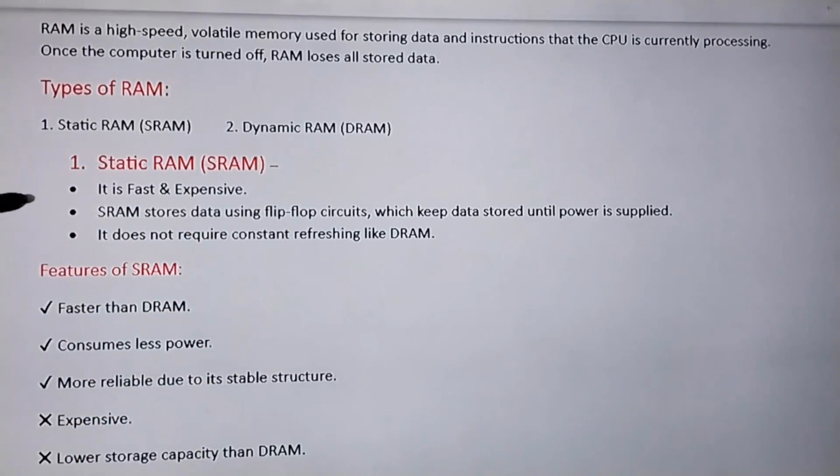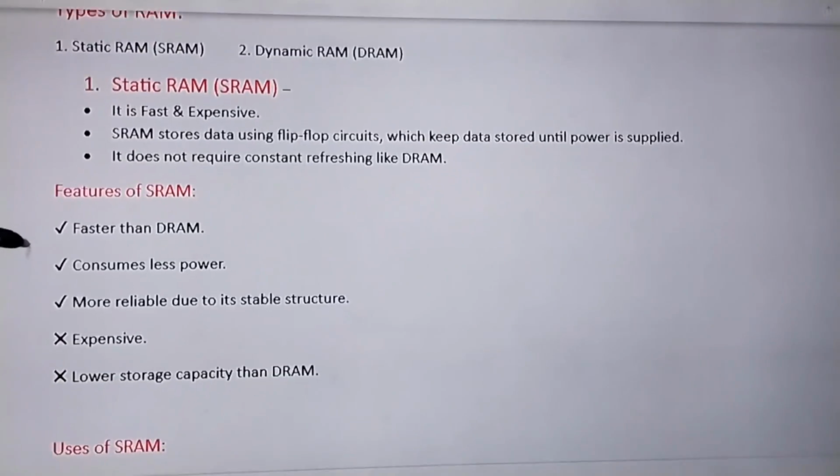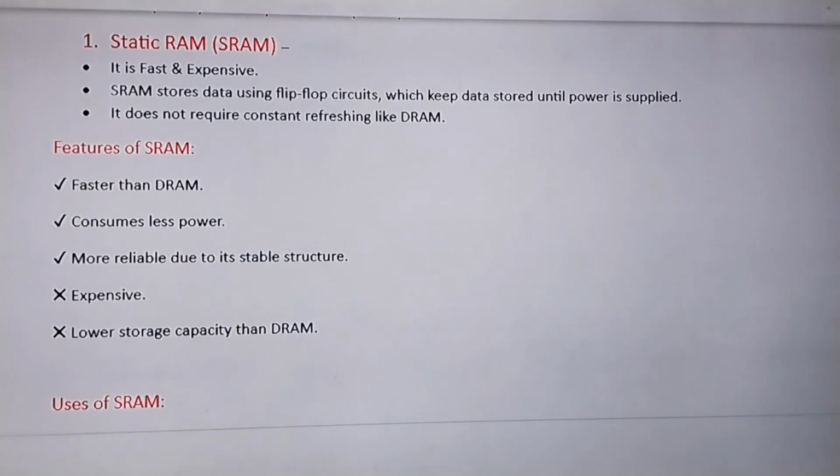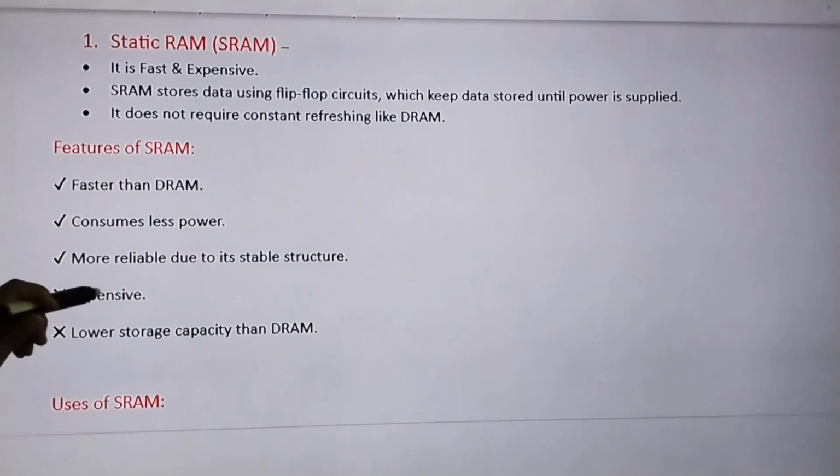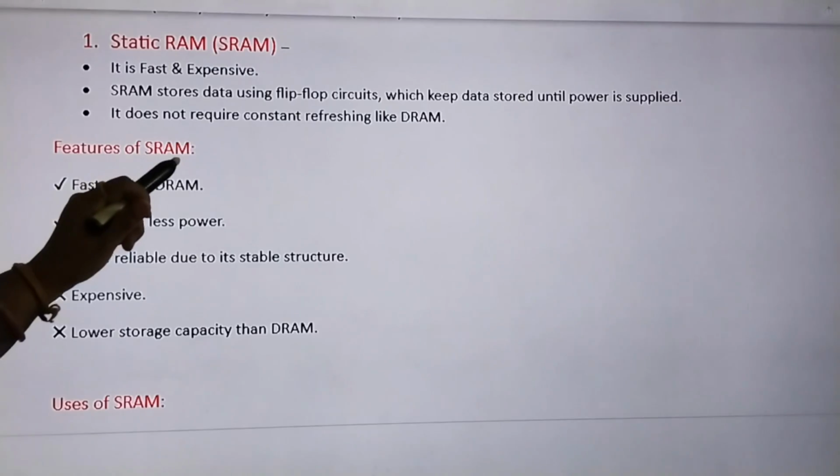The features of static RAM are: it is faster, it consumes less power, and it is more reliable due to its stable structure. But it is expensive, and its capacity is lower compared to dynamic RAM. So we can say it is a quality but costly RAM.